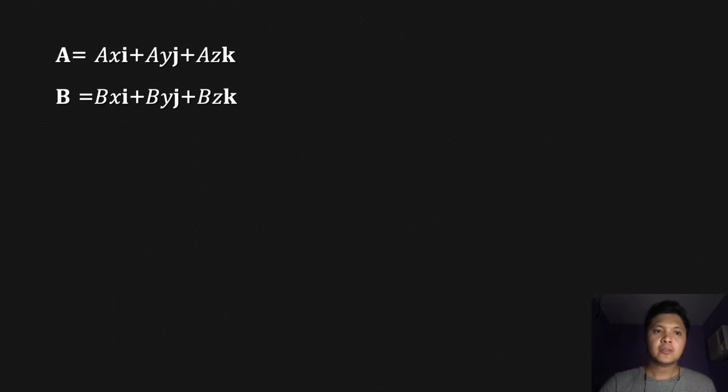An easier way to do this is to use matrix notation.